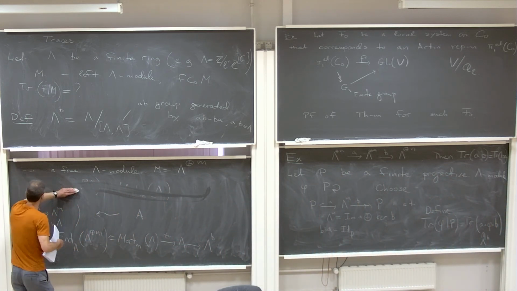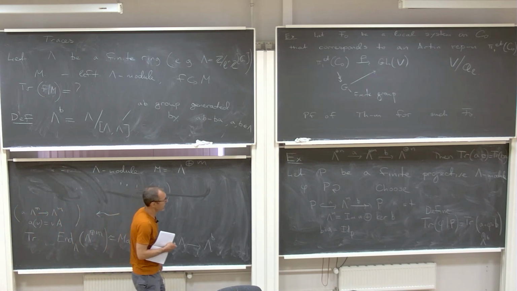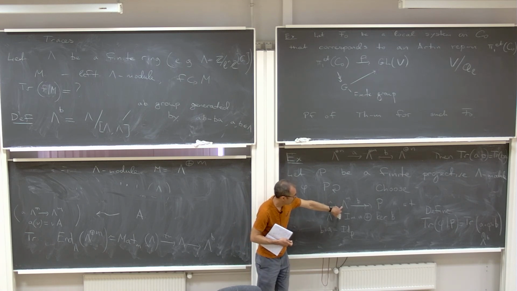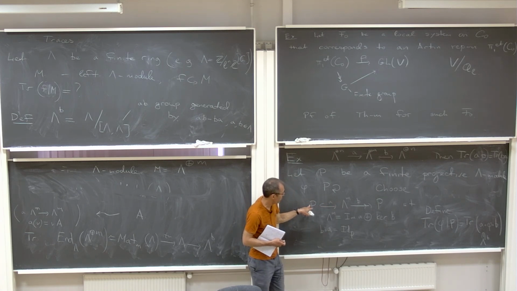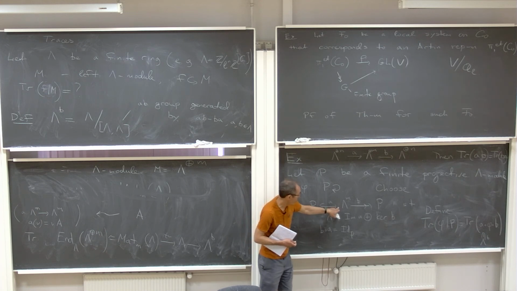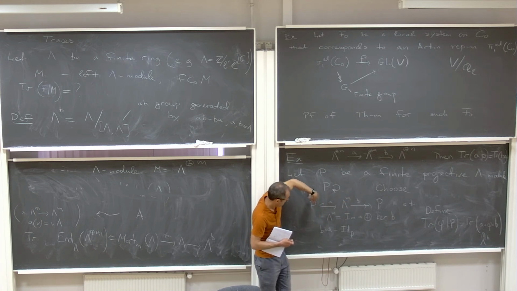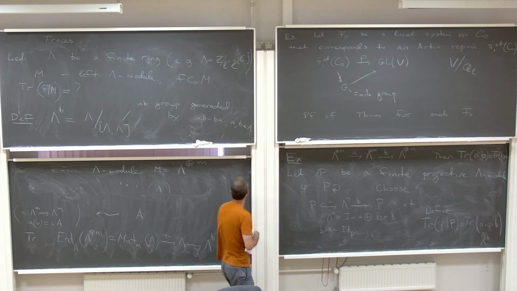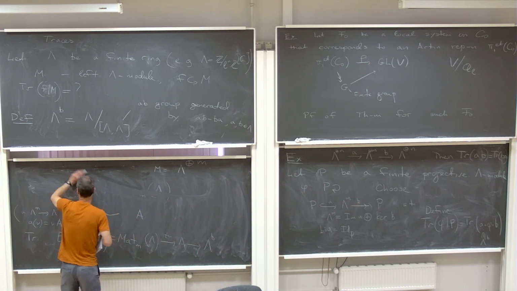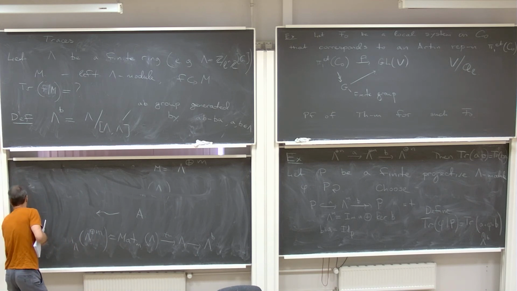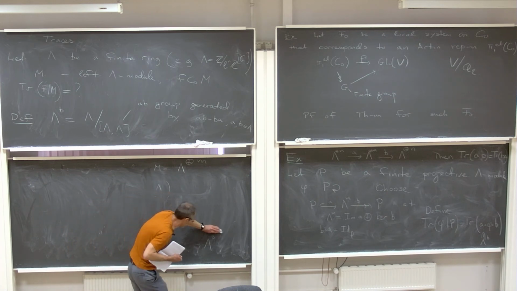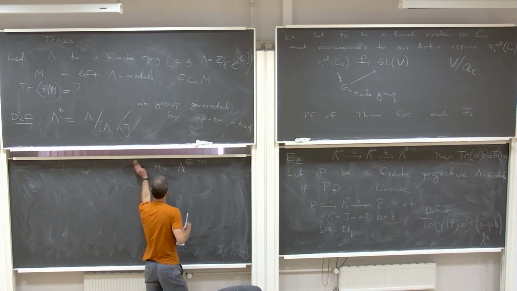So now, the previous exercise, another way of putting it: my P is realized as a direct summand here, so phi is an endomorphism of P. I can extend it to an endomorphism of this free module by letting it be phi on P and 0 on the complement, on the other summand. And then I take the trace of this. And the main property, of course, is that it's well defined. This is another exercise which follows easily from the previous one.